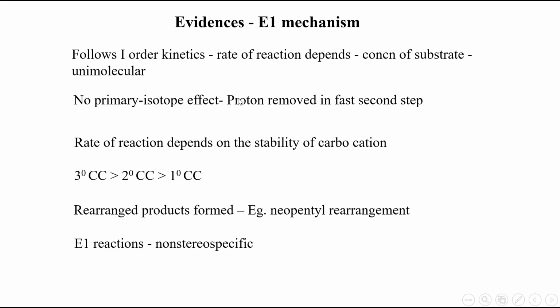But here the rate of the reaction is not affected when it is replaced by its heavier isotope. What it indicates is that removal of proton is not the rate determining step. In turn, it indicates that the carbocation is the intermediate formed.